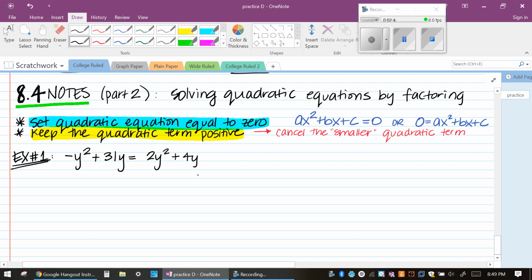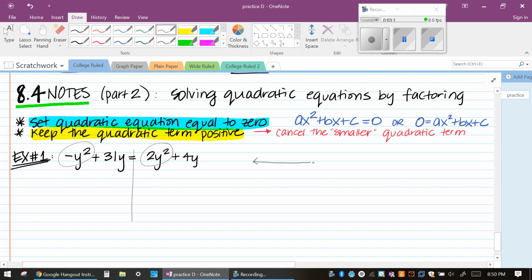Okay, here is our first quadratic equation. If you notice, there are terms on both sides. There's also a quadratic term on both sides. We are going to move the smaller one, or whichever one has the lesser value.